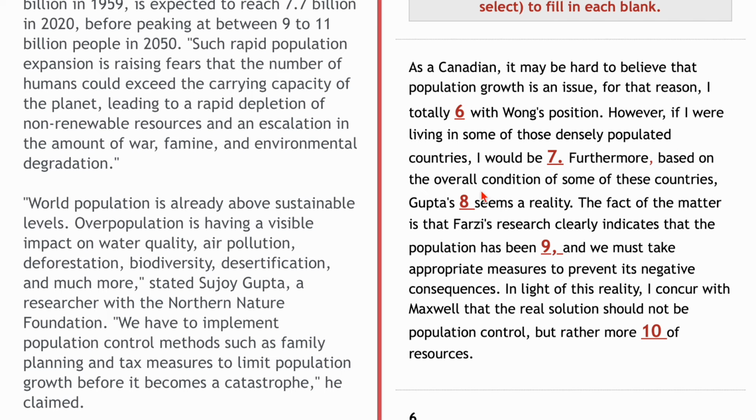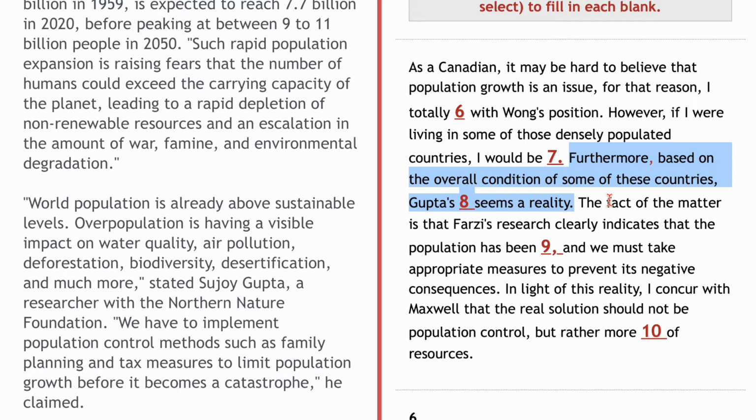Furthermore, based on the overall condition of some of these countries, so some densely populated countries, Gupta's [blank] seems a reality. It says based on the overall condition, we've seen some of these pictures of densely populated countries.